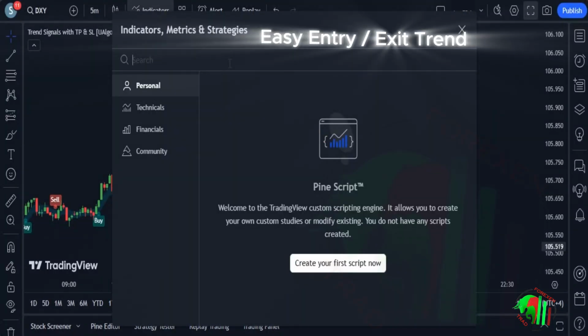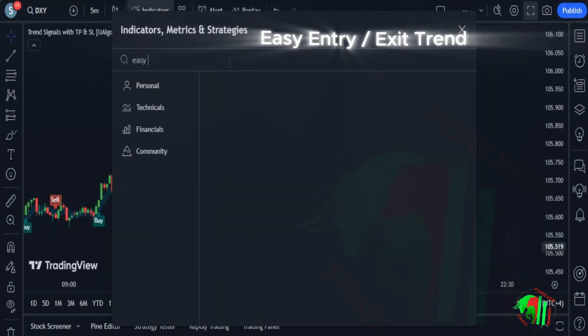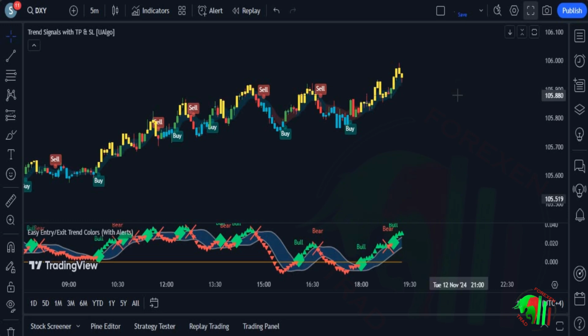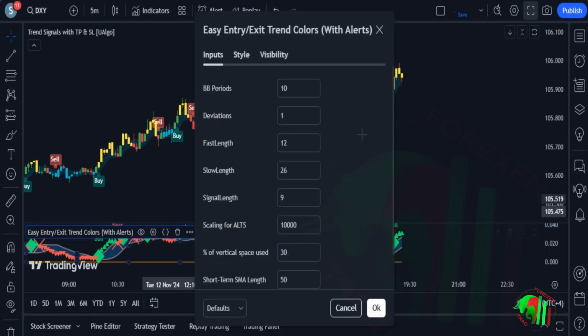Next, we'll search for the easy entry exit trend indicator. After that, we'll make some adjustments. Set BB to 4.